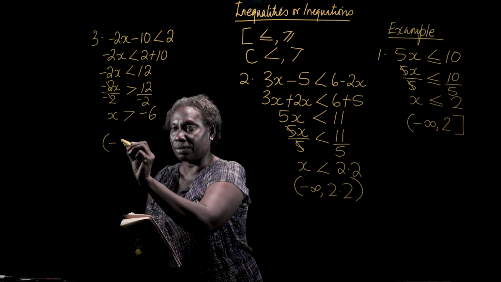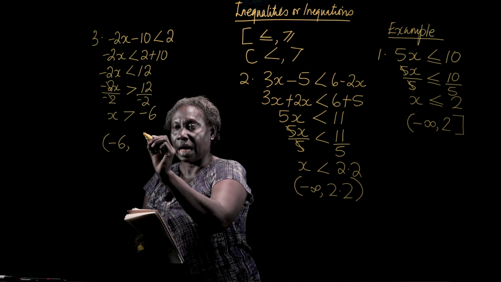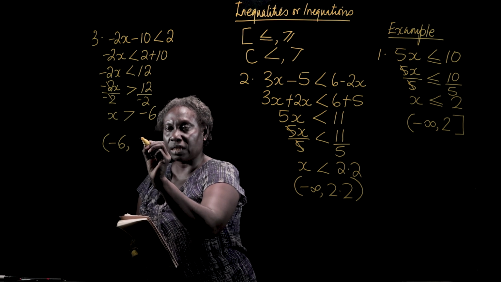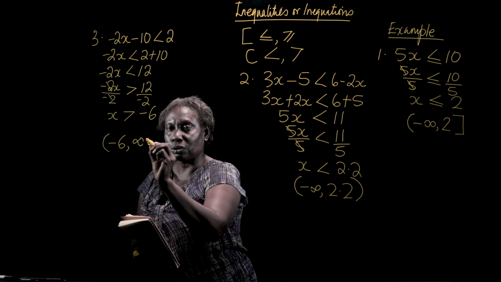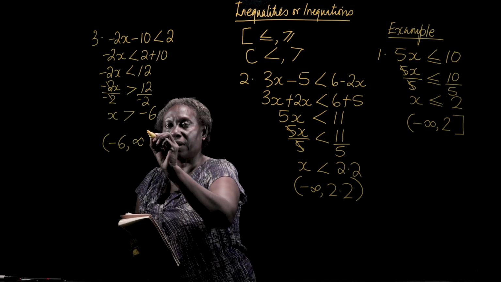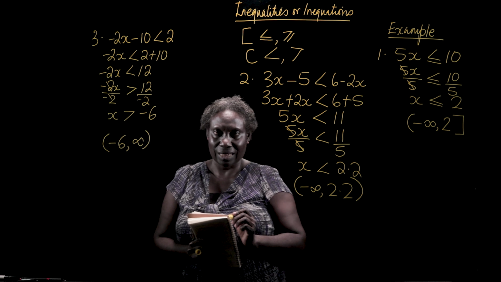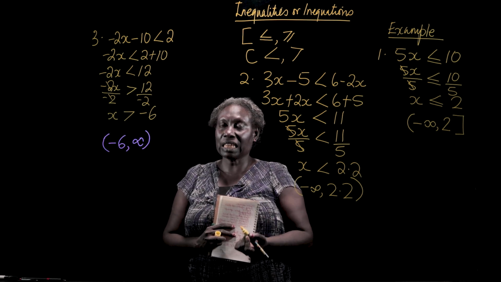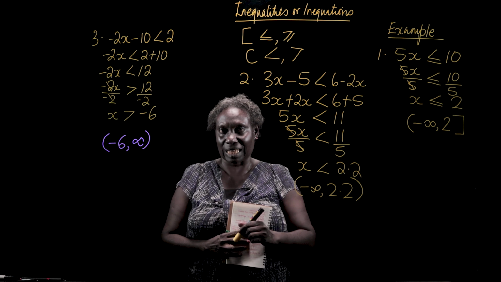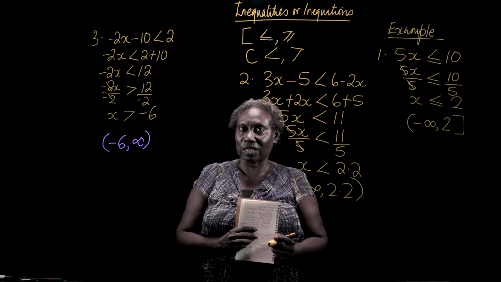So we have negative 6, comma, and the positive infinity symbol because it is all the numbers to the right of negative 6, with a round bracket. So this shows that x is greater than negative 6. And this is how we express that in interval notation.